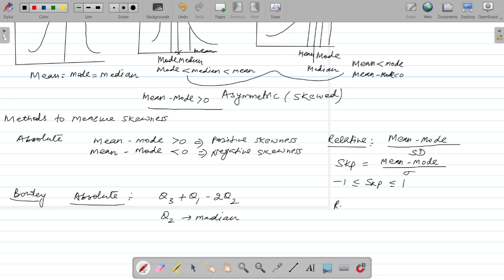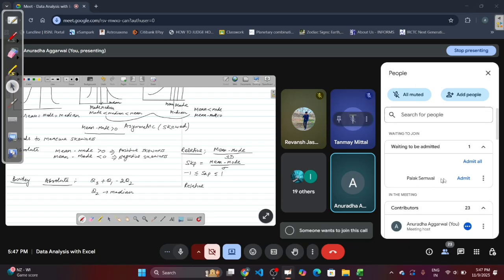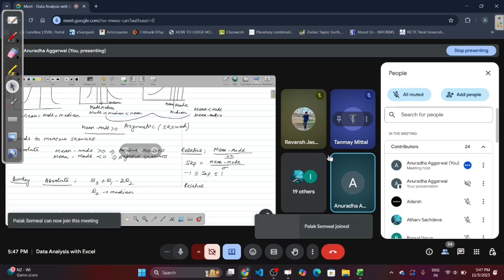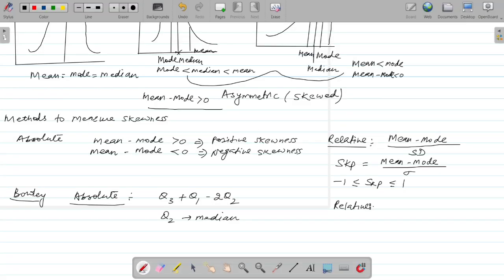And the relative measure for Bowley is Q3 plus Q1 minus 2 Q2 over Q3 minus Q1. And again, this coefficient value lies between -1 and 1. This is SKB, Bowley's coefficient.